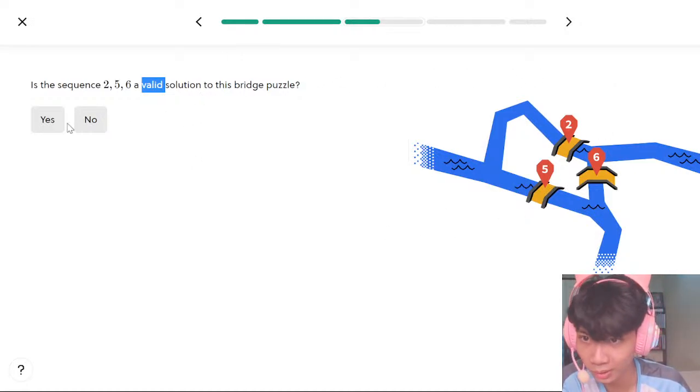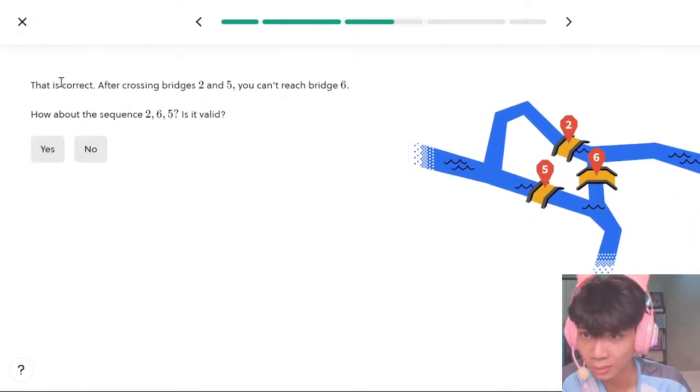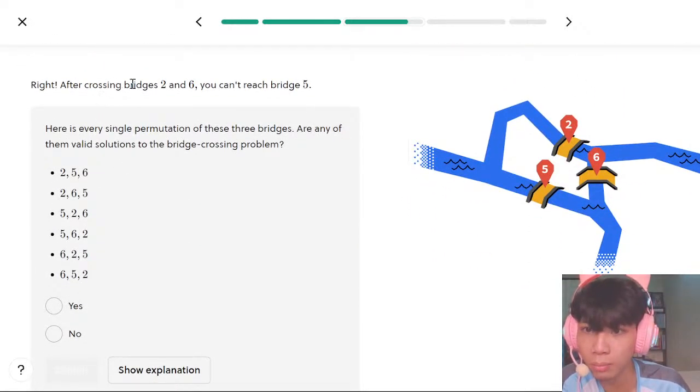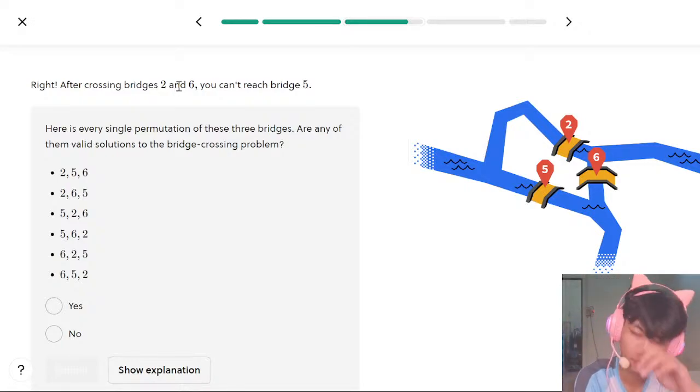No, because after crossing bridges 2 and 5, you can't reach bridge 6. How about 2, 6, 5? No. After crossing bridges 2 and 6, you can't reach bridge 5.